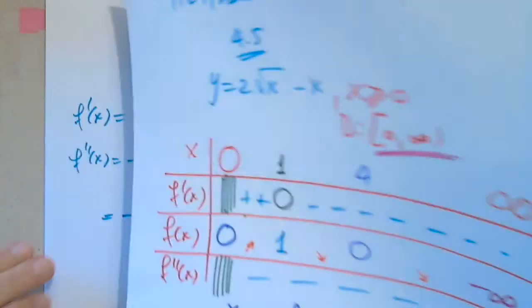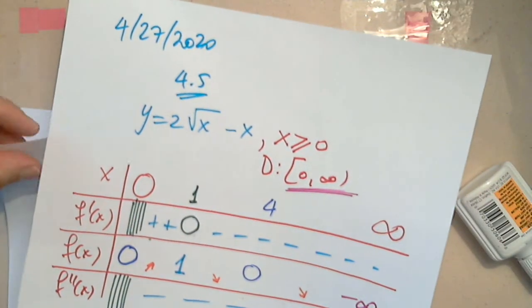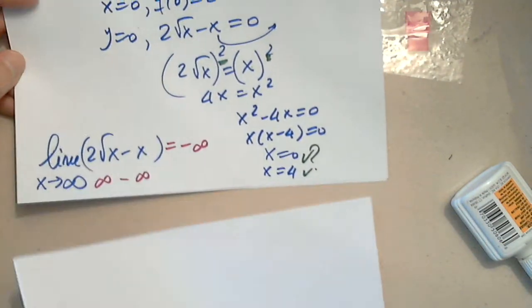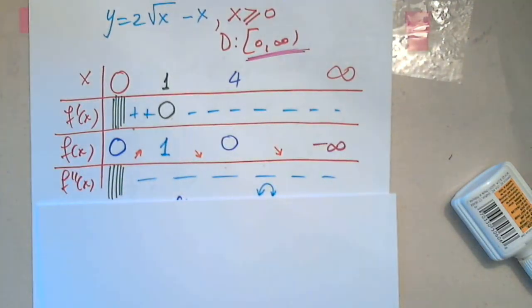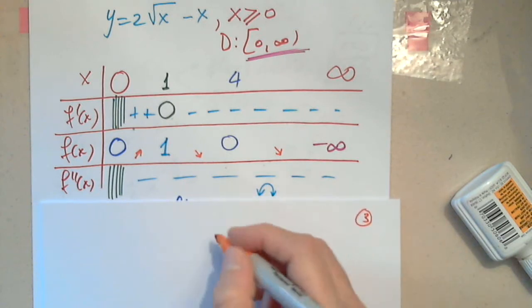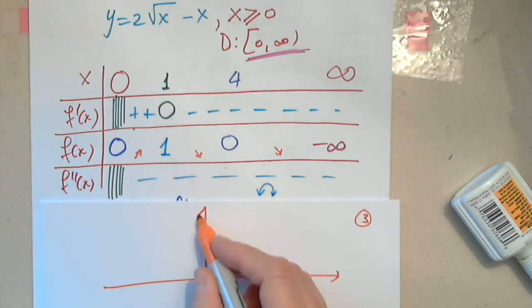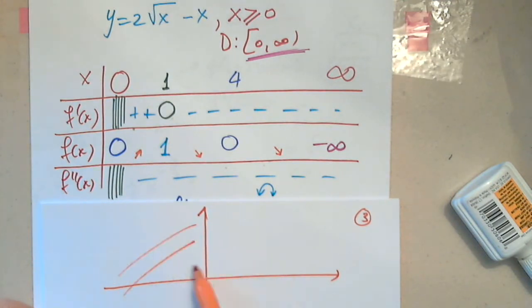At this point, I'm ready to graph. I don't care for anything else but the table. I shouldn't even graph this. Makes no sense.